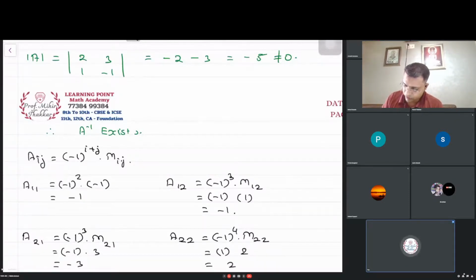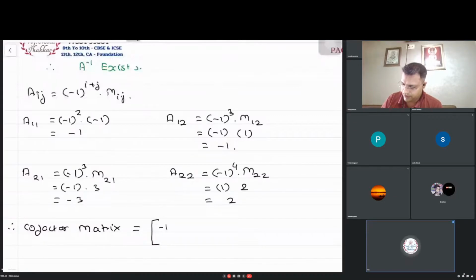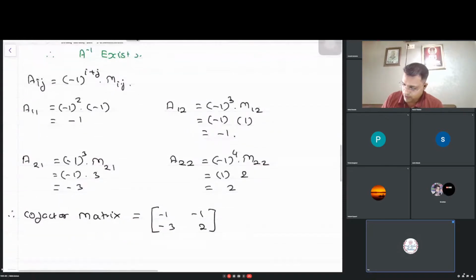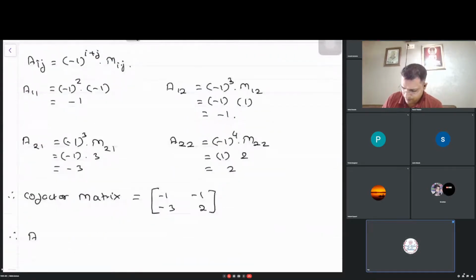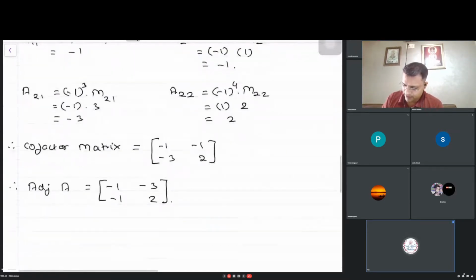So guys, therefore the cofactor matrix is equal to minus 1, minus 1, minus 3 and 2. And therefore the adjoint of A is the transpose. This is your adjoint.